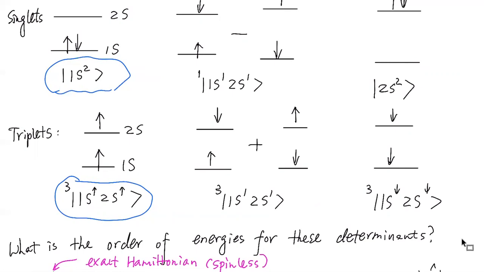Is the triplet always higher in energy than singlet? Is it true? This is a very important question about the singlet-triplet gap. This is actually very important in understanding chemical reactivity, in understanding molecular structure. In the next session, we will talk about the singlet-triplet gap.